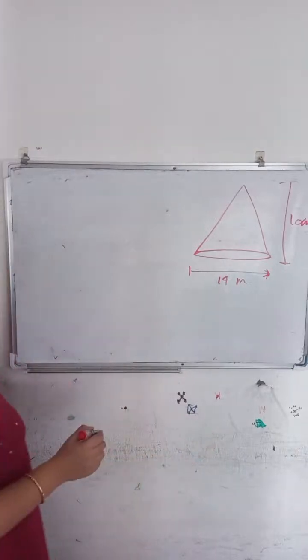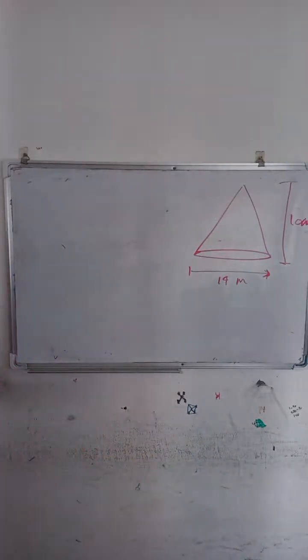So we have to find out the CSA, and whatever CSA we get is subtracted from the 300 meter square. Check how you can calculate here.